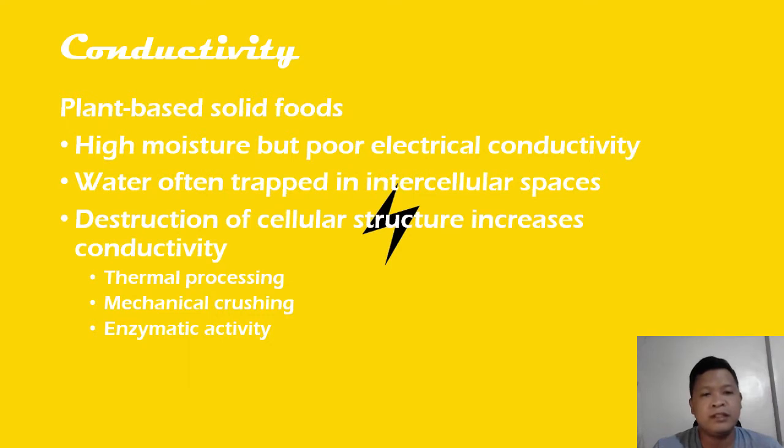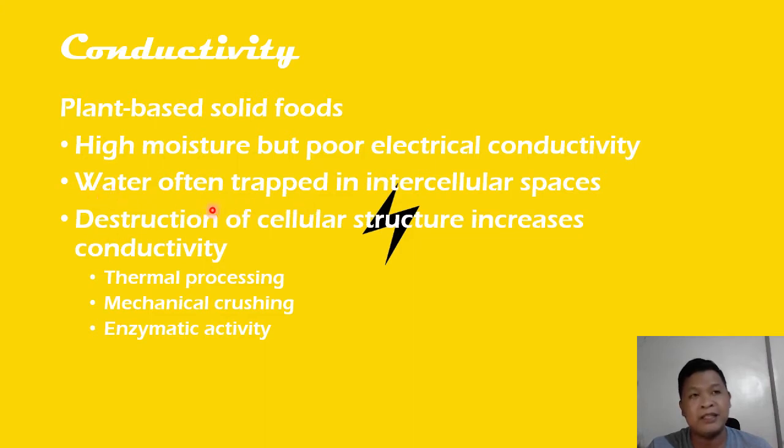So electrical conductivity is not just affected primarily by the amount of moisture. In particular, when we have plant-based foods, despite the high moisture content, for example some fruits or leaves may have as high as 90-95% moisture, but they have poor electrical conductivity because of the water being trapped in intercellular spaces. So may physical entrapment na nagaganap, so hindi continuous yung water mo.